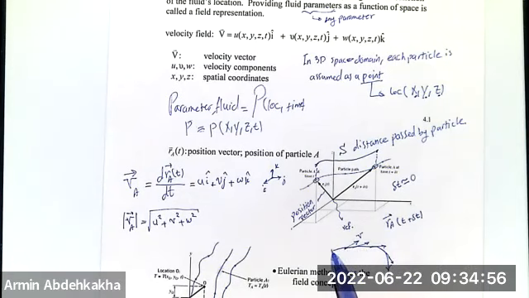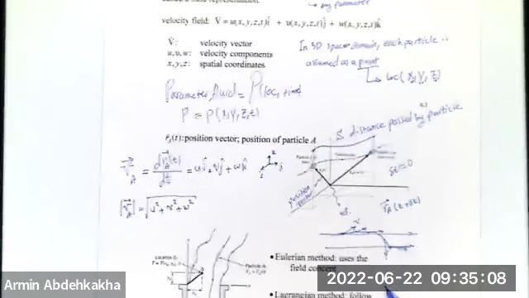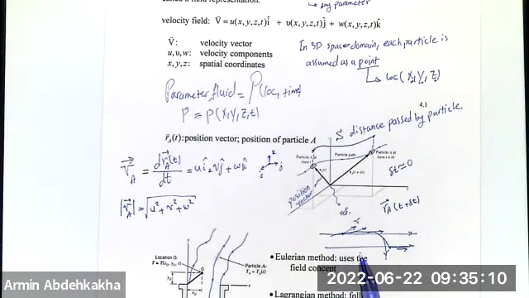For example, the streamlines are like this. Here it moved in this line and came here. It actually changed the highway lines. But if you track it, you find this line. So this is not a streamline, but a pathline.